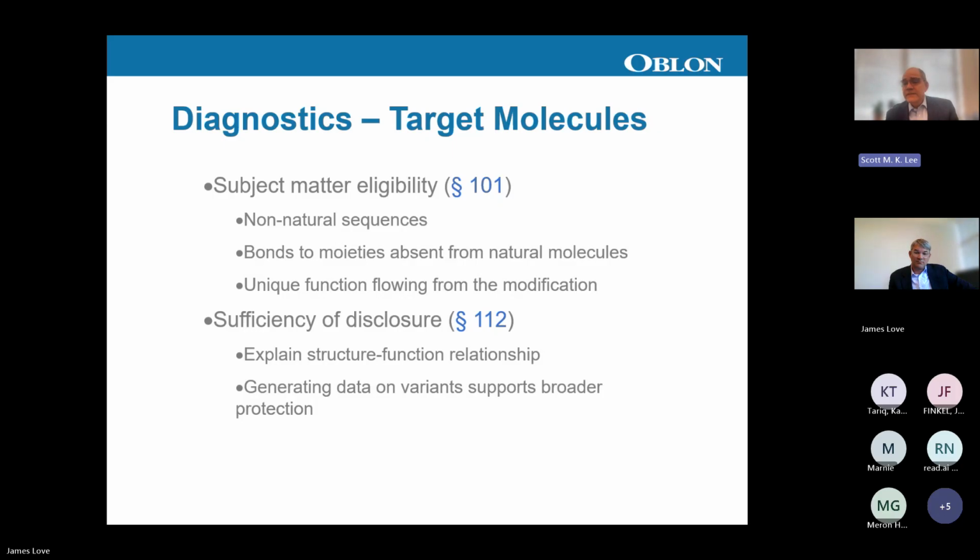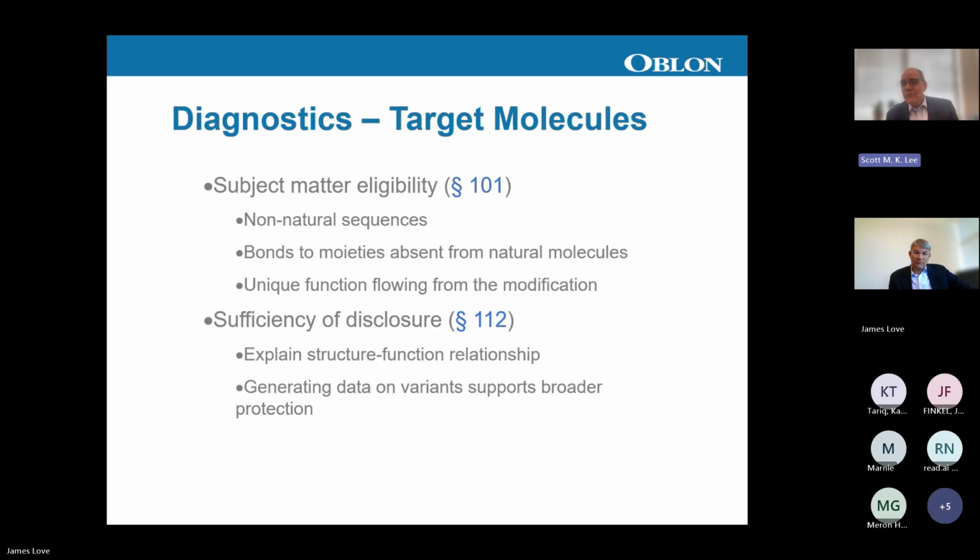And so the law evolved in that area, and now there's this requirement that you really rigorously correlate the particular structures that you're trying to cover with your patent with the particular functions that result from those structures. So for example, if you isolate a virus that causes an infectious disease, and you identify a particular protein that's very important to the immune system recognizing the virus, it's hard to get a patent that covers every possible natural variant of that virus that might be out there because of this particular legal issue.